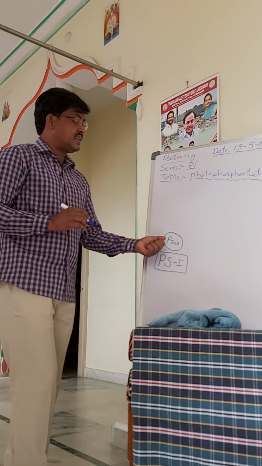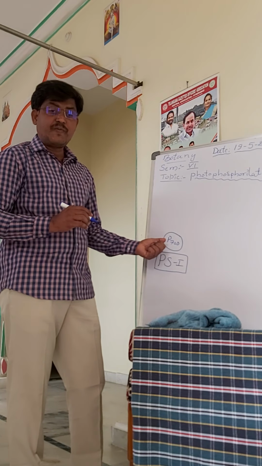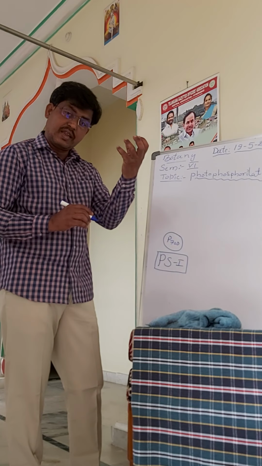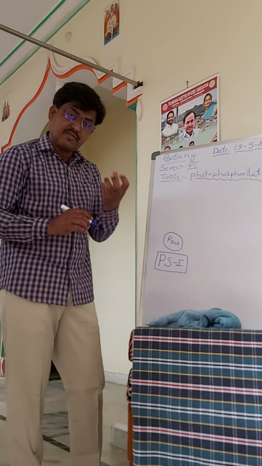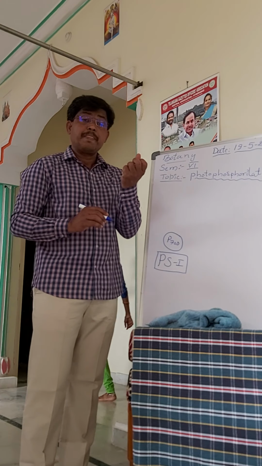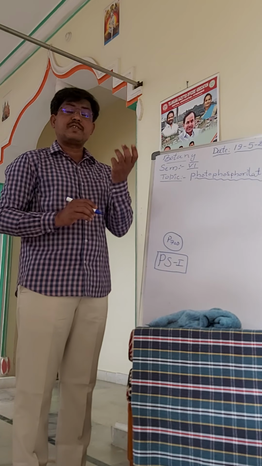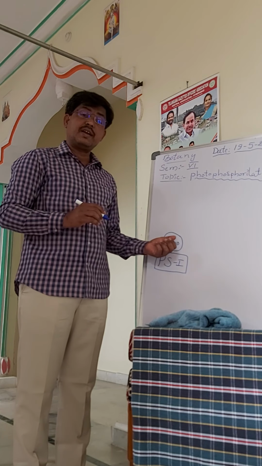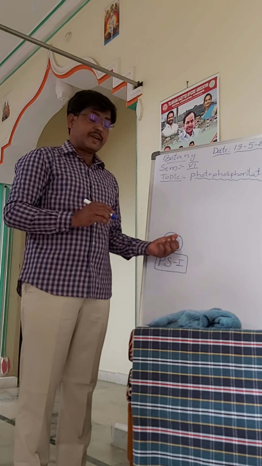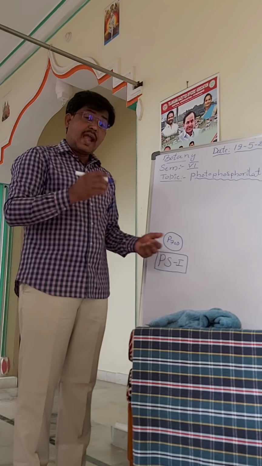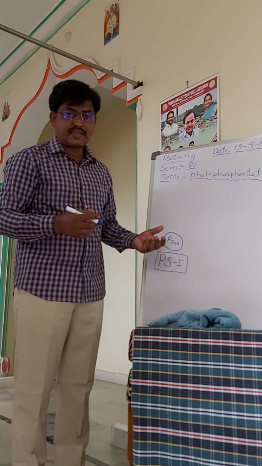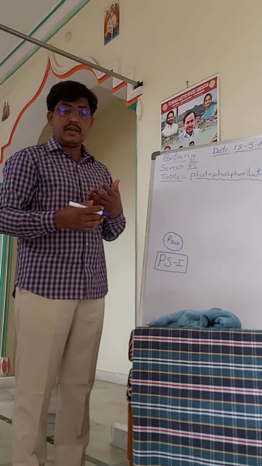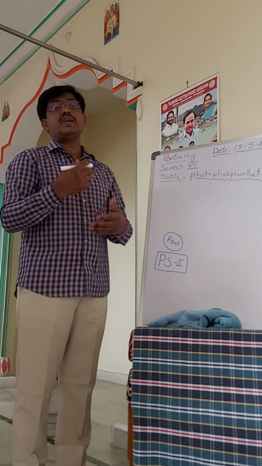This chlorophyll pigment of PS1 can receive the 700 nanometer wavelength of the spectrum. It can be excited and release the electron from the inner level to the outside.